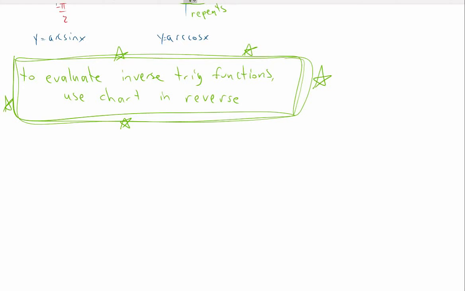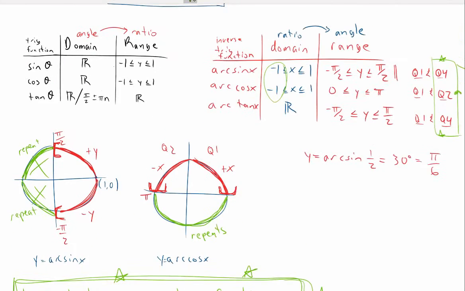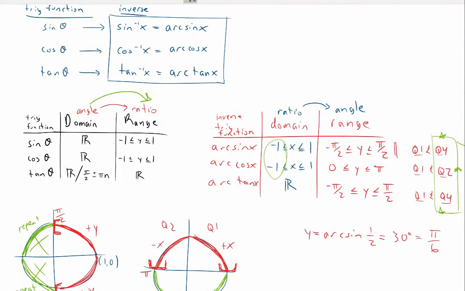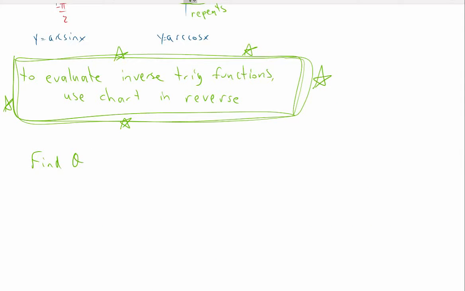Remember, a trig function goes from an angle to a ratio. An inverse trig function goes from a ratio to an angle. So if I'm going to evaluate inverse trig functions, that means I'm going to be finding an angle. For example, if I ask you to find theta equals arc cosine of the square root of 2 over 2, or I could even just phrase it as find arc cosine of square root of 2 over 2, it's the same idea.